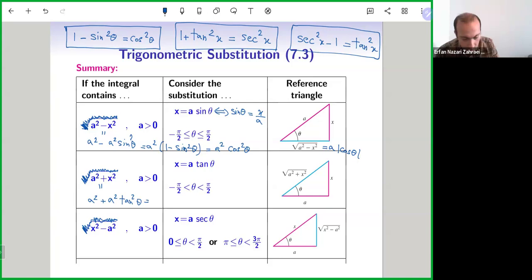Factoring a squared, you get this. That's why I did this substitution, to use these identities. And let me also use theta everywhere in these identities rather than x.